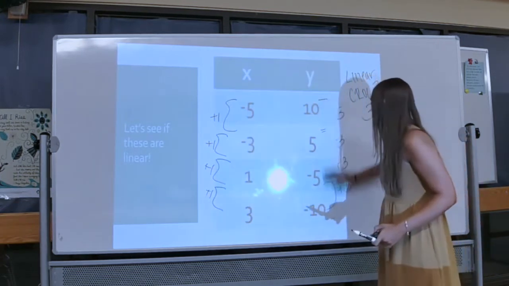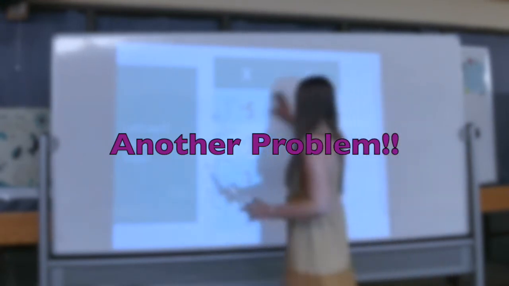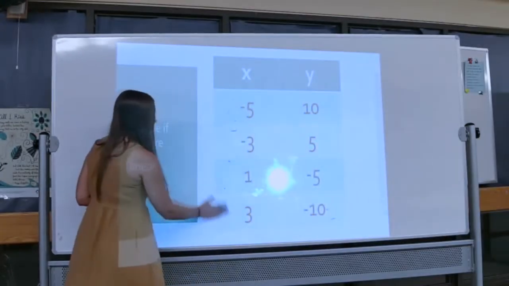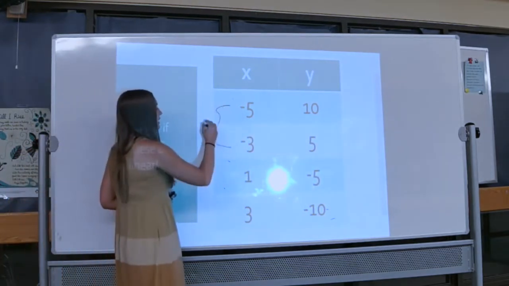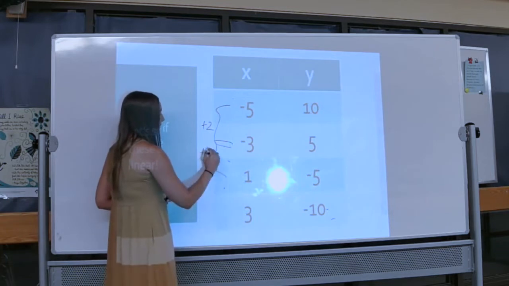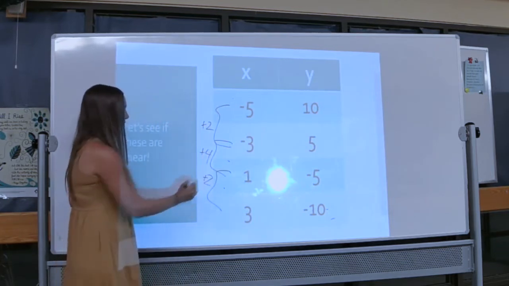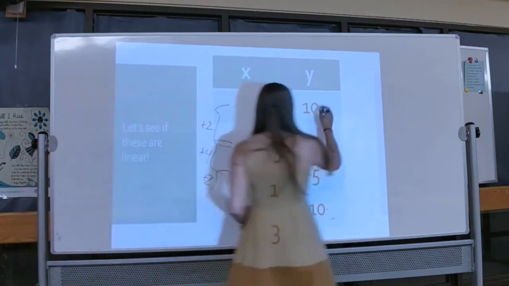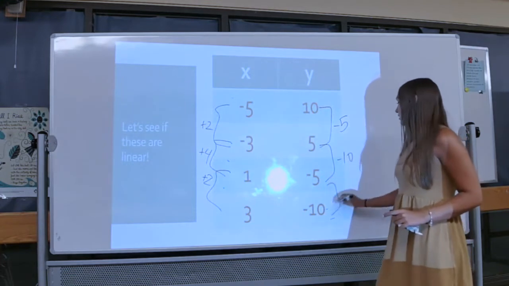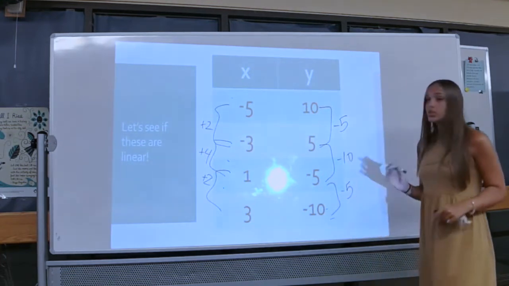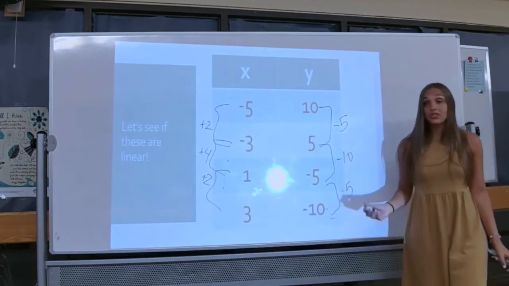Let's see another problem. For this problem, we are going up by 2, up by 4, up by 2, and on this side, we're going down by 5, down by 10, down by 5. So let's see if our ratios are equal, and then we would have a constant rate of change.